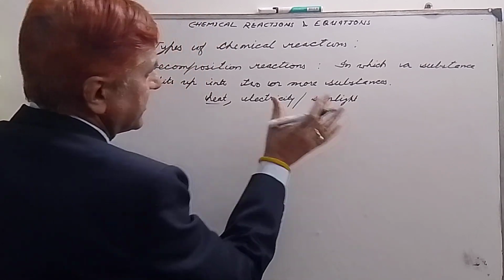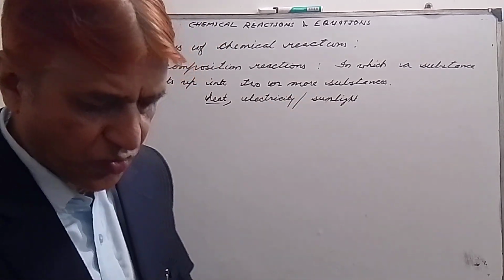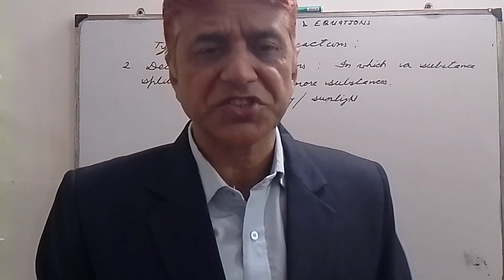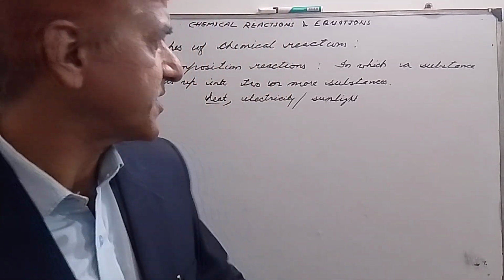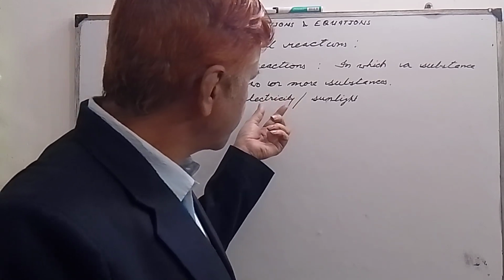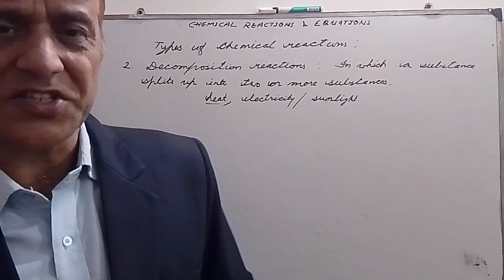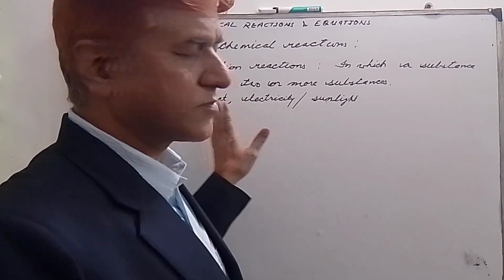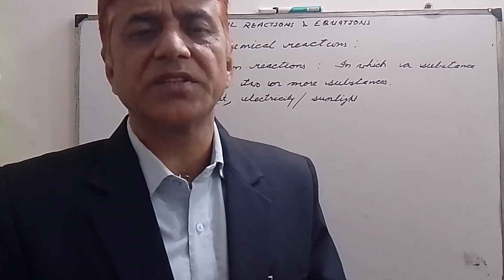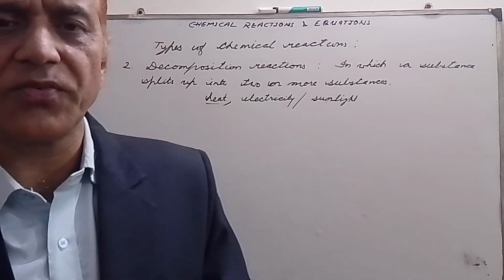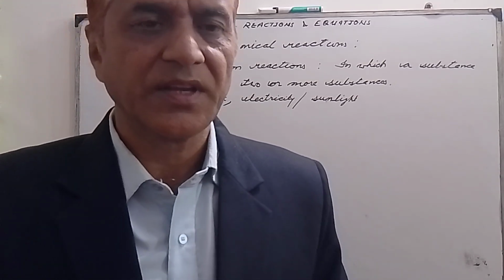So there are three methods to carry out decomposition reactions: either by heat or by electricity or by sunlight. So based on these things, we have three categories of decomposition reactions.